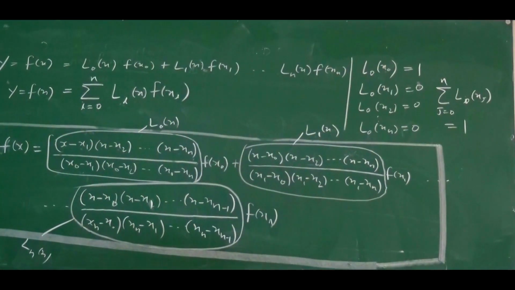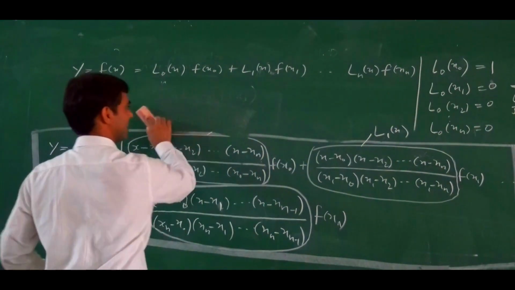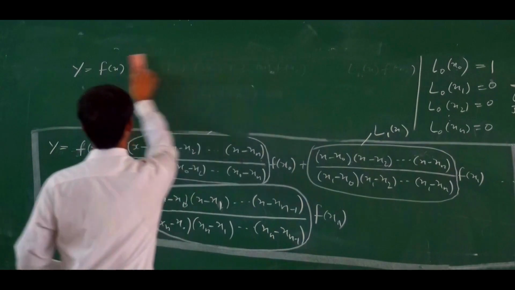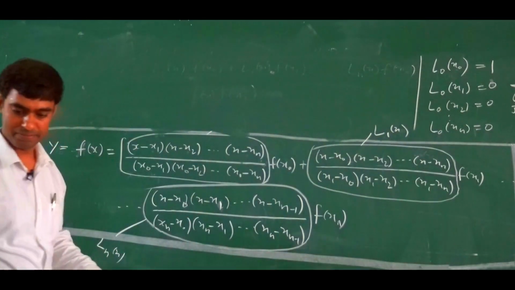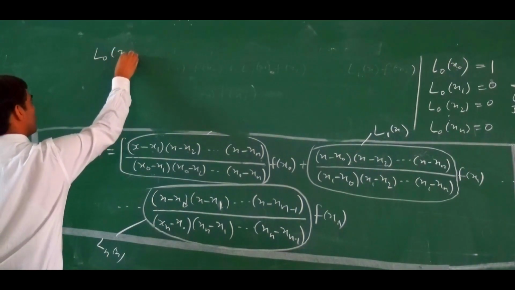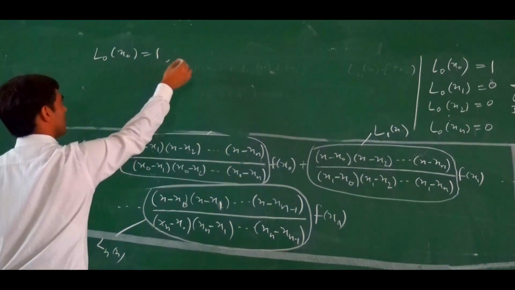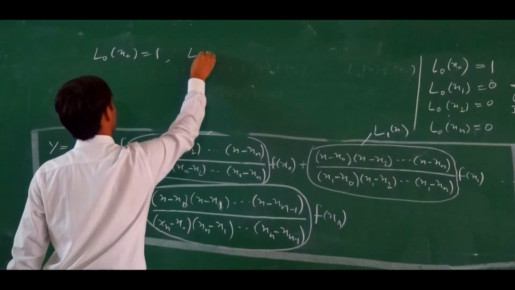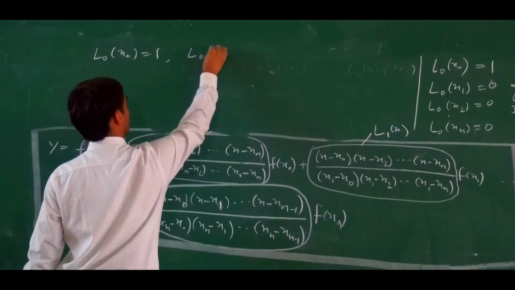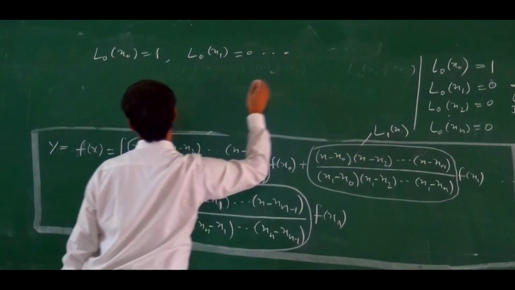So the property of this Lagrange multiplier is that L0(x0) is 1 and all other values, L0(x1), L0(x2), are 0.